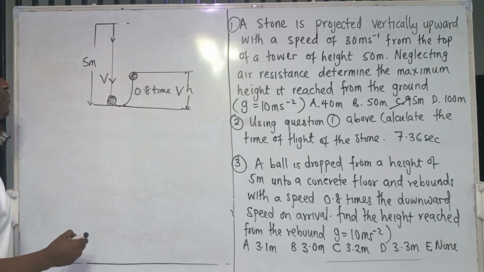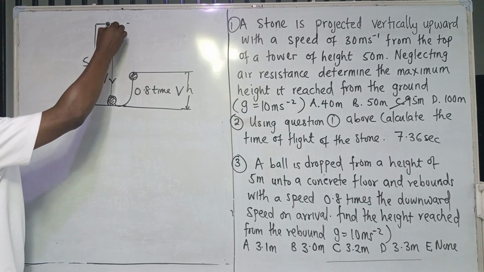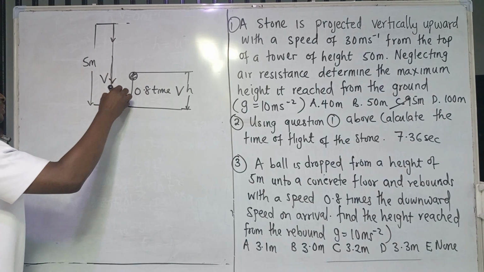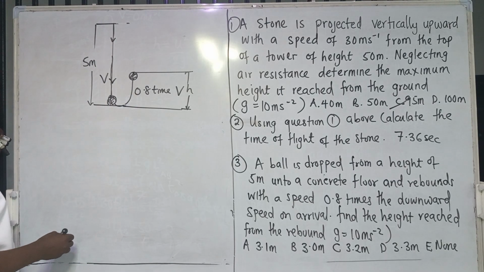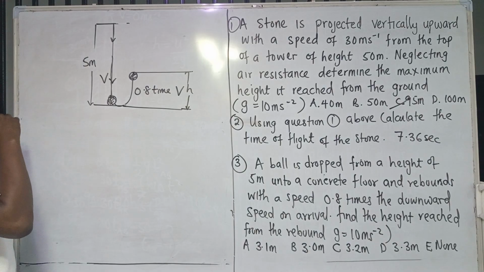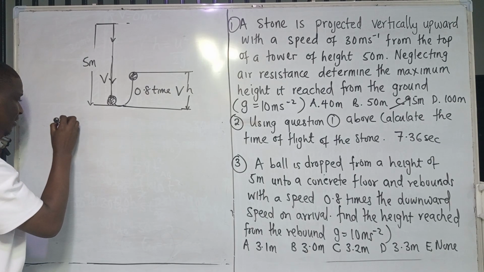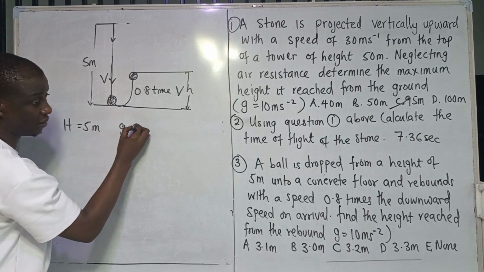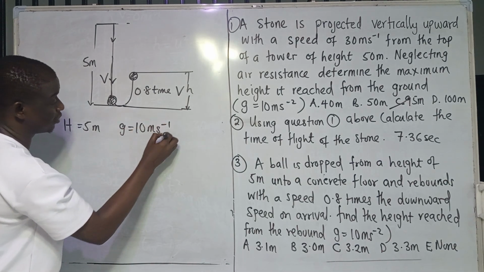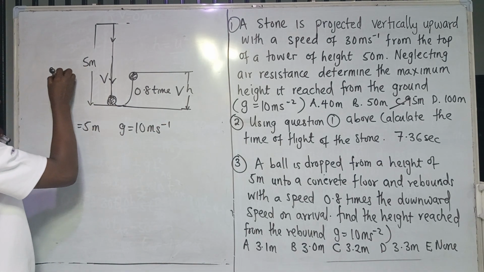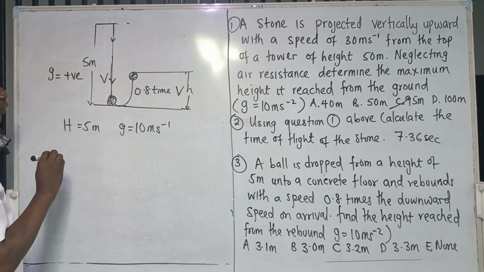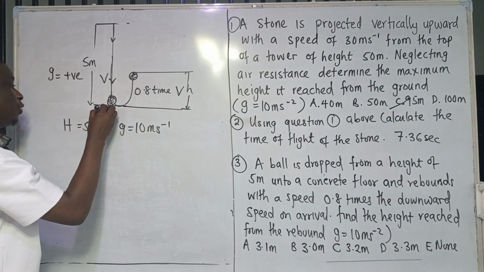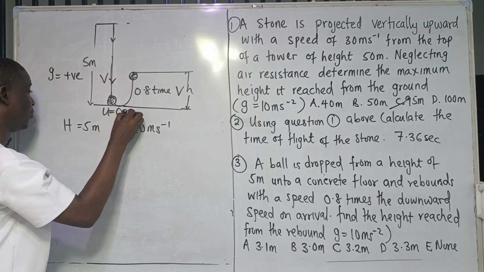So now we have the problem to solve. Let's first find the velocity on arrival, the final velocity of impact, before it rebounds. The height is given as 5 meters. G is 10 meters per second squared. Don't forget it's towards gravity, so our G is plus. Then U is 0 meters per second.